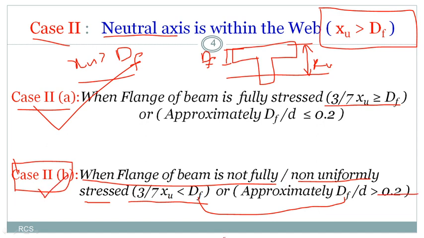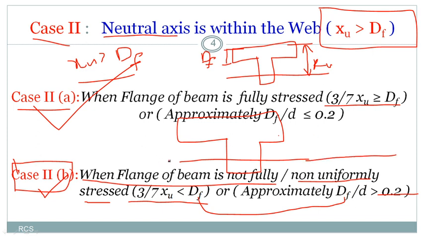So let us start with how it is distributed. Now we will discuss with respect to this figure by drawing a stress distribution in this region. Say this is a T beam, and the neutral axis falls in the web region. So this is the neutral axis.